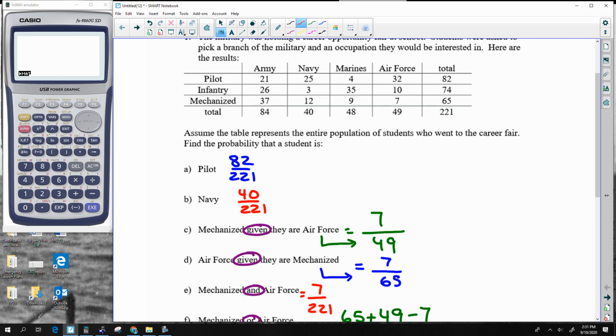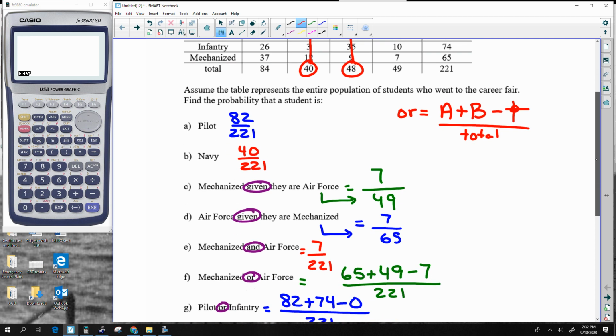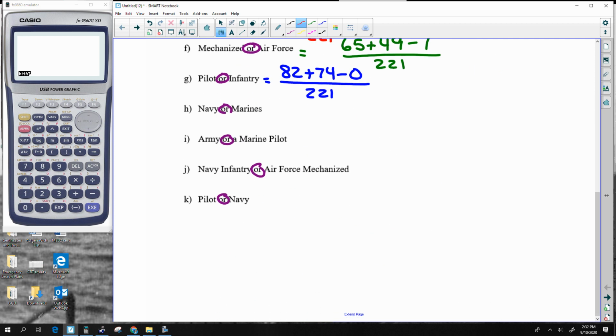So again, the word or is A plus B minus intersection out of the total. So Navy, Marines, minus the intersections. There aren't any intersections, so that is minus 0. So it's 40 and 48, minus no intersections, out of the total.